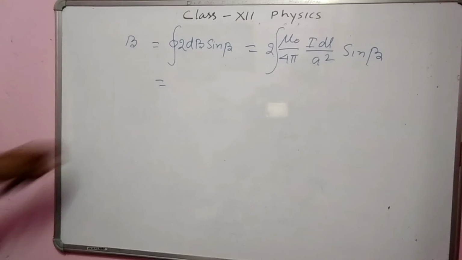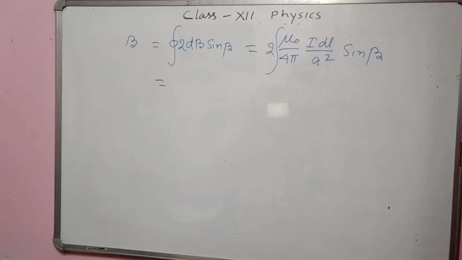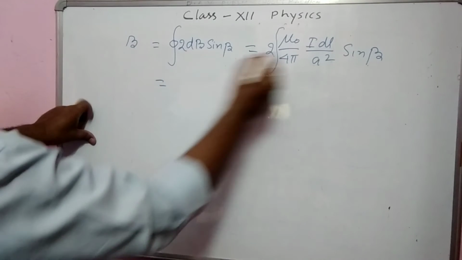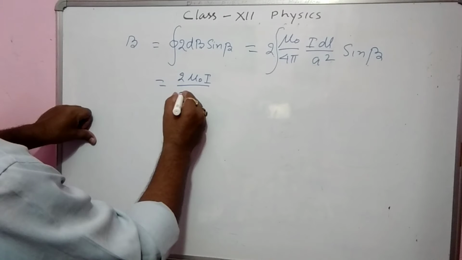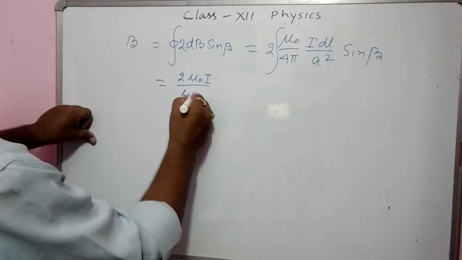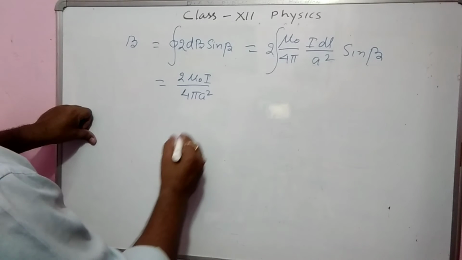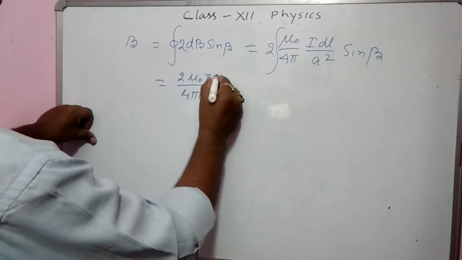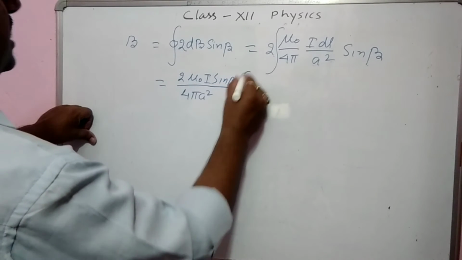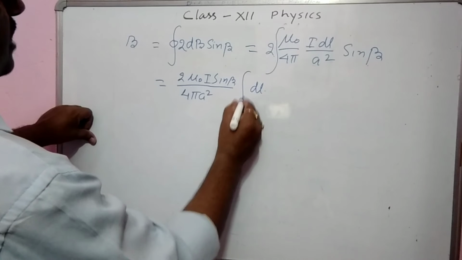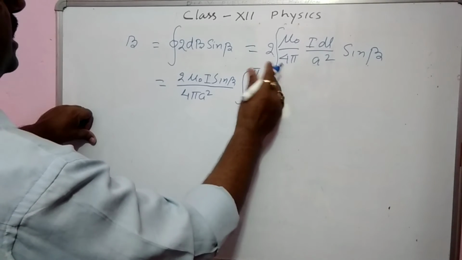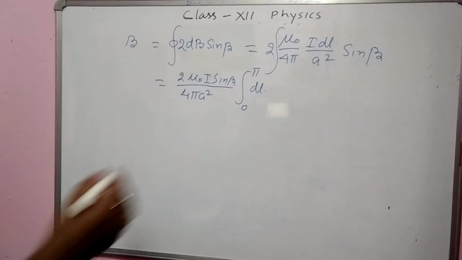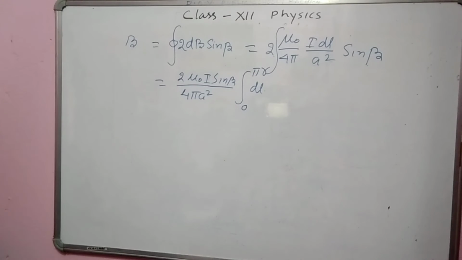Taking the constants outside, we get 2 mu naught I by 4 pi a square, and then sine beta integration dl, with the limit of integration from 0 to pi r, where I have supposed the radius as r.